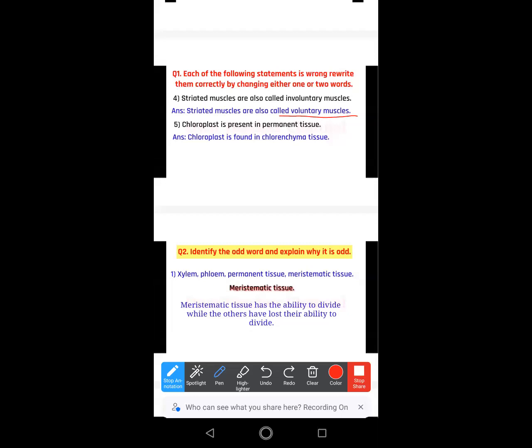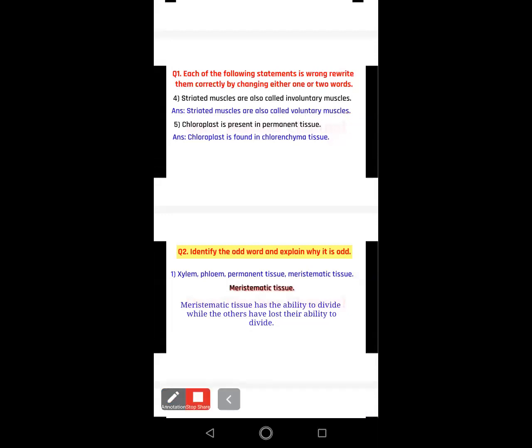This is the trick that we can use to memorize this question. What is the opposite of involuntary muscles? Voluntary muscles. Okay. So you can memorize what will be the wrong statement. So no need for deep study in this. Just with this trick we can easily understand and write down the correct answer. Okay.